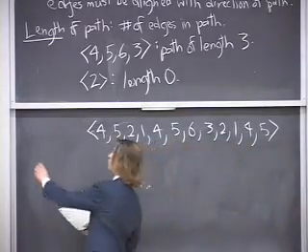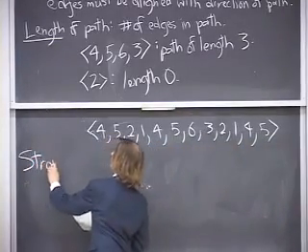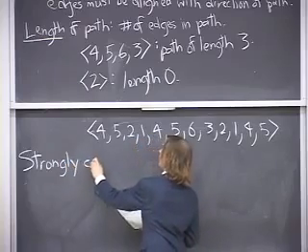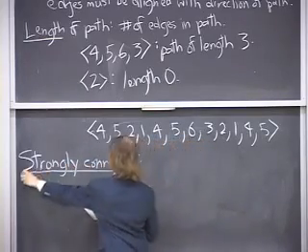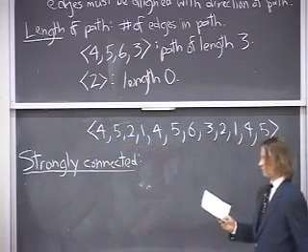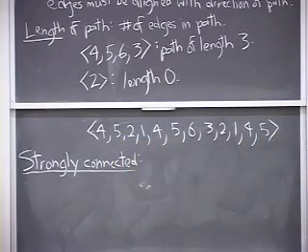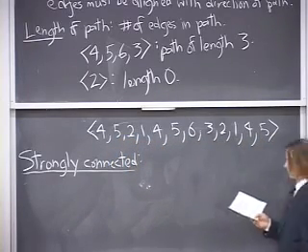So a graph is said to be strongly connected if there's a path from every vertex to every other vertex.